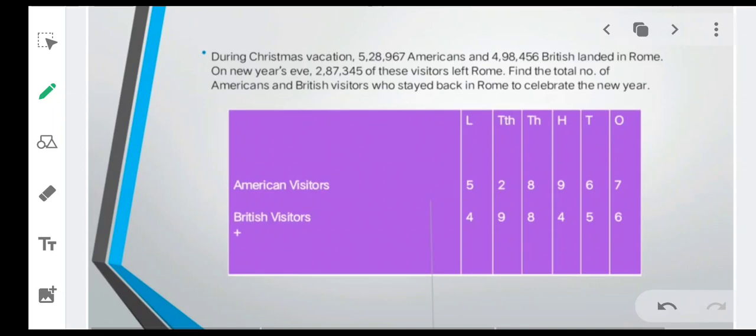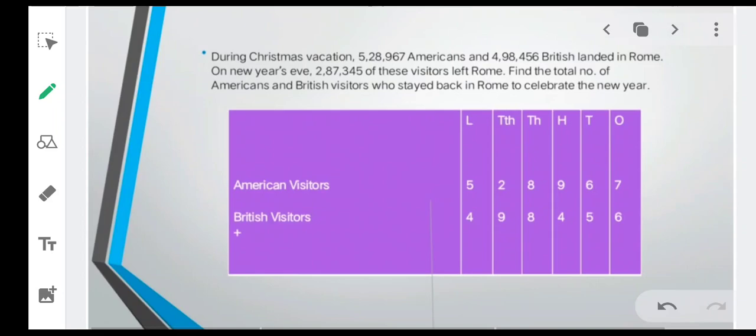On New Year's evening, 2,87,345 of these visitors left Rome. Find the total number of Americans and British visitors who stayed back in Rome to celebrate the New Year.